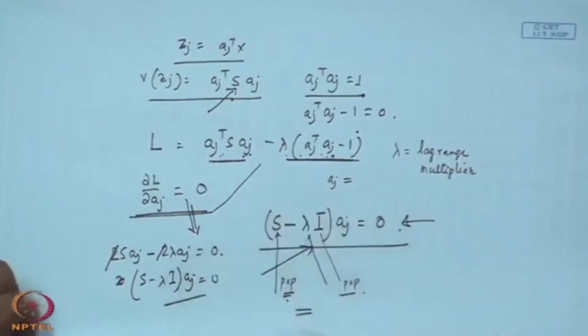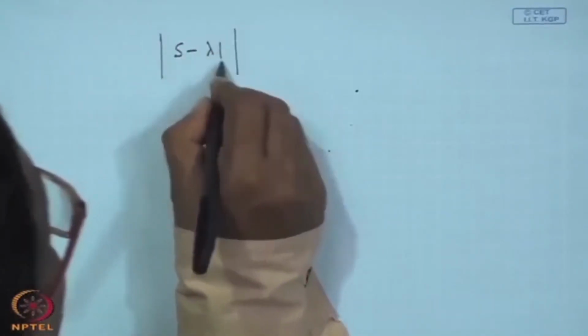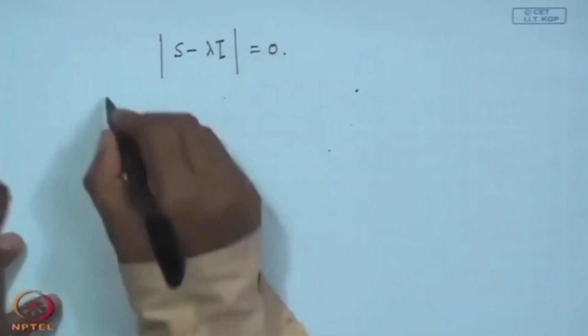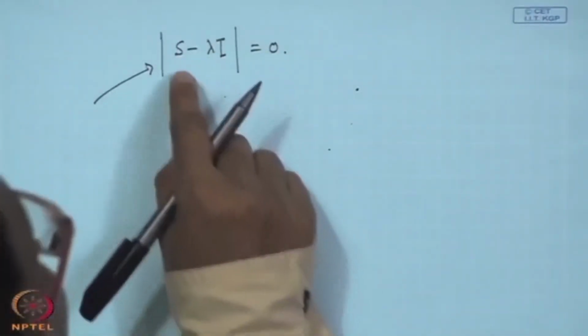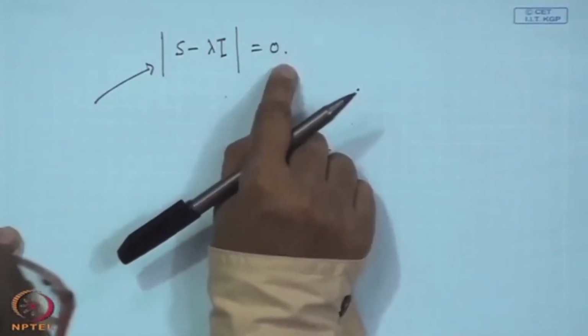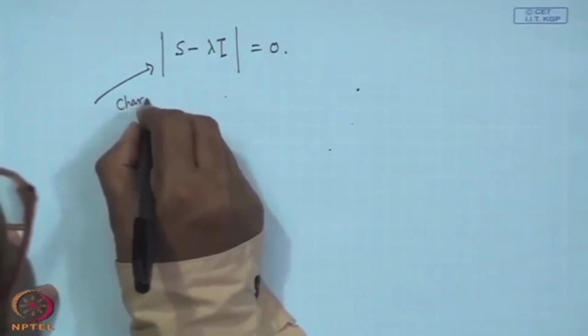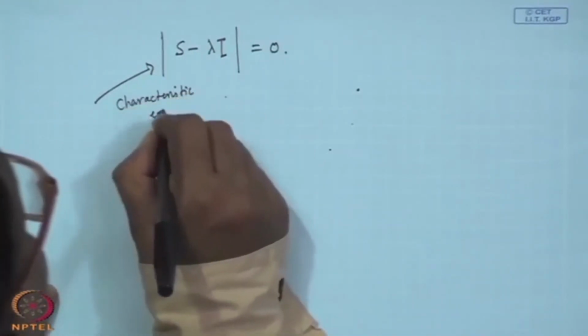Suppose I want to know the lambda values, then you have to find the characteristic equation: determinant of S minus lambda I equal to 0. This is a characteristic equation.